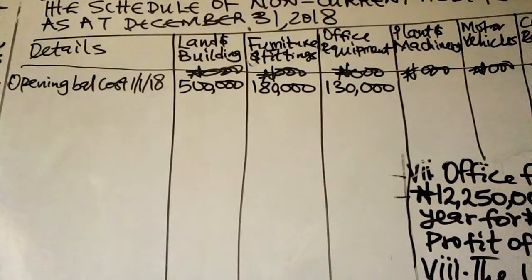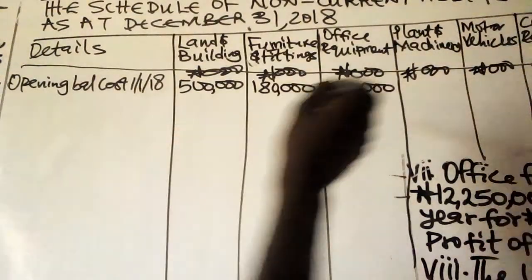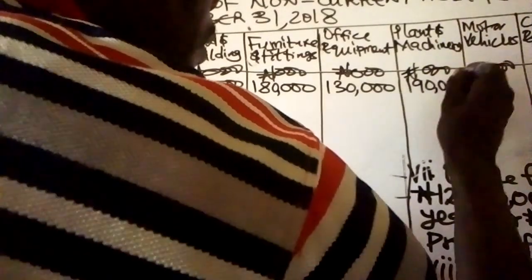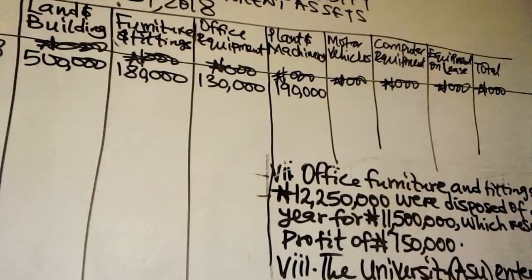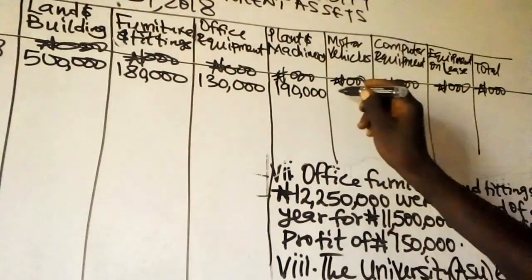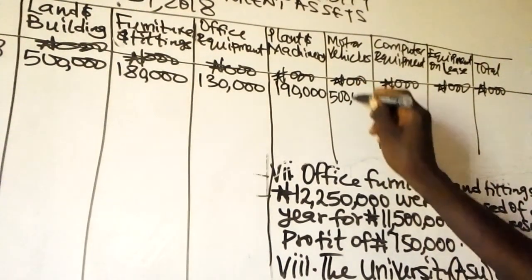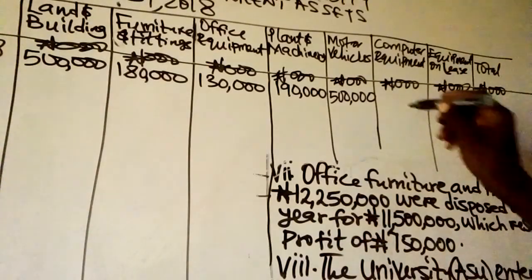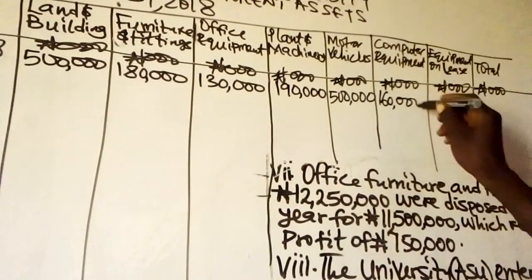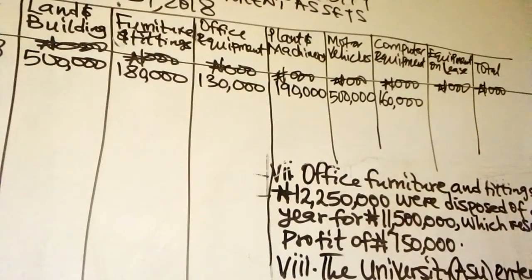Then plant and machinery, 190,000. Then motor vehicles of 500,000. Then we also have computer equipment of 160,000. Then we have equipment on lease, 105,000.